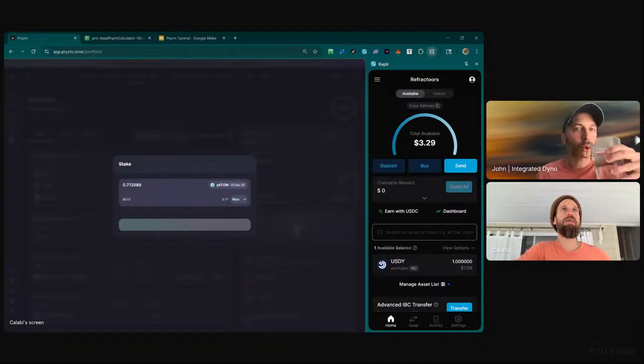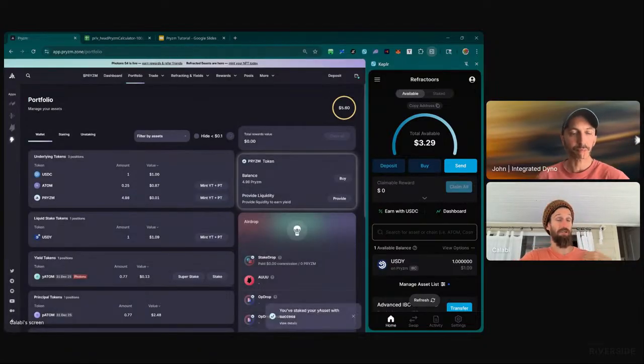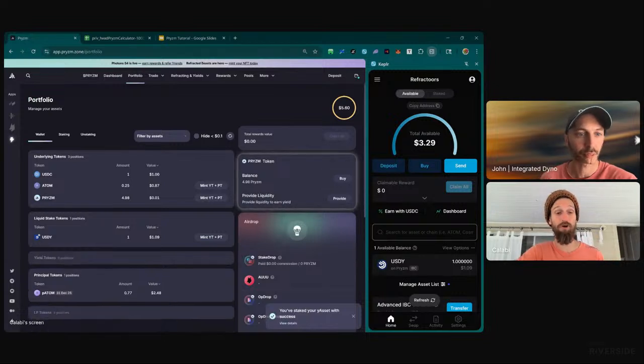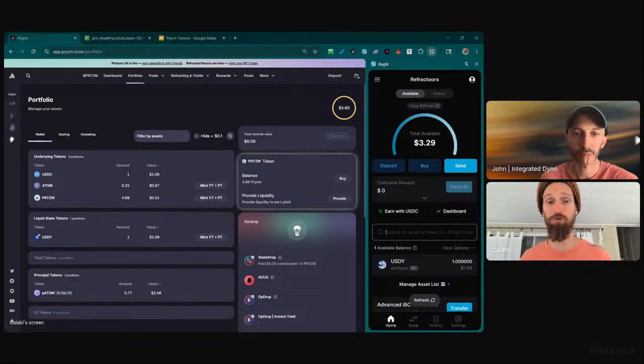So if you were holding this and you're like, hey, I expect that Y atom is going to become more and more overpriced, maybe you want to leave it in your wallet, or set up a pulse trade to a certain level. We haven't gotten there yet, but I'll be showing that in a little bit.